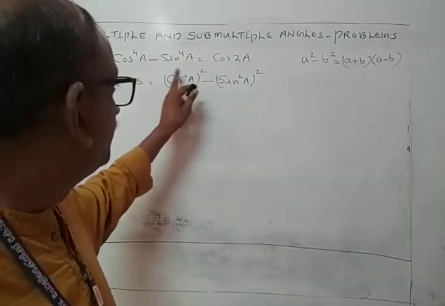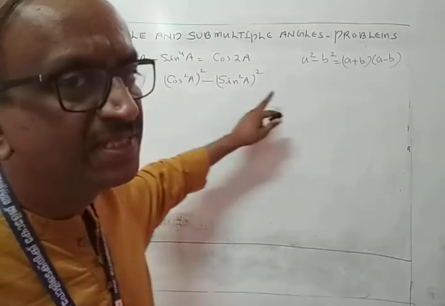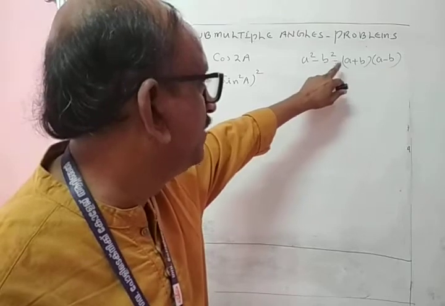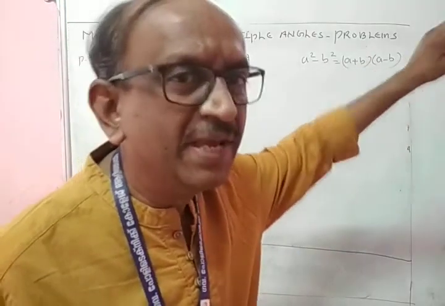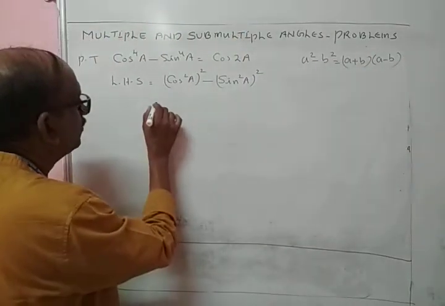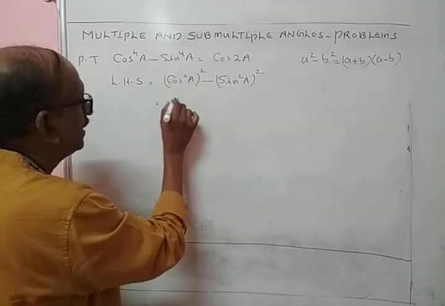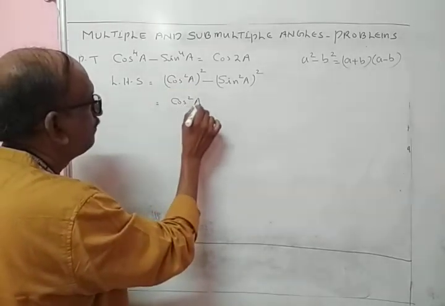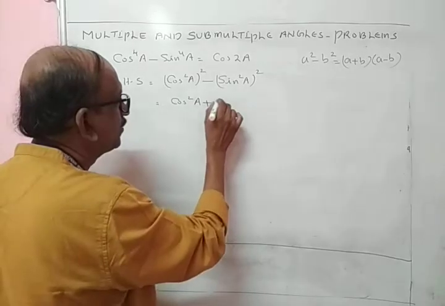This is of the form a squared minus b squared. A squared minus b squared is a plus b into a minus b, where a is cos squared a and b is sin squared a.